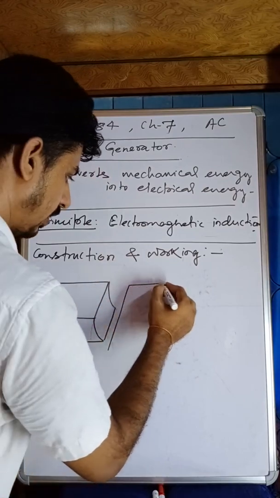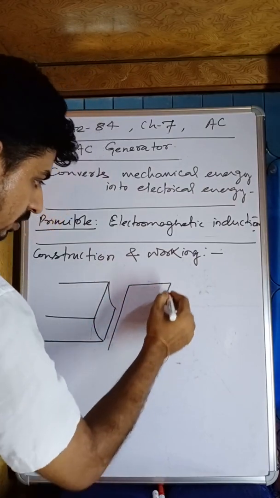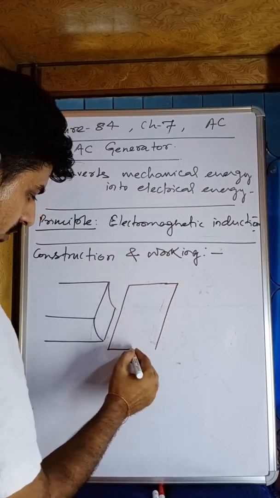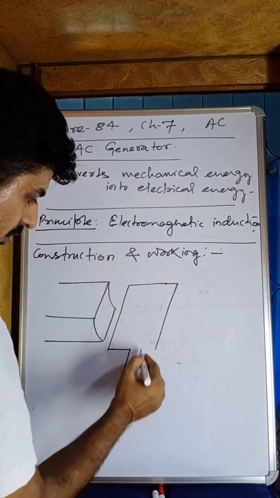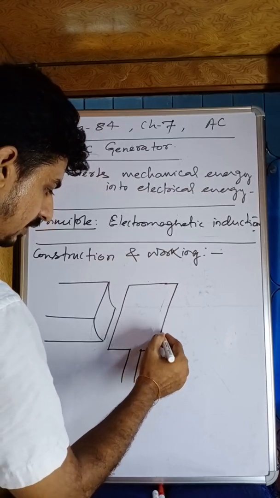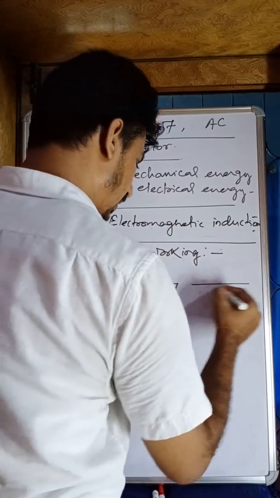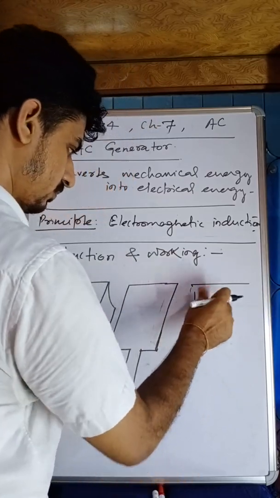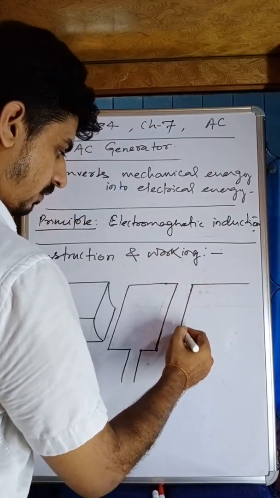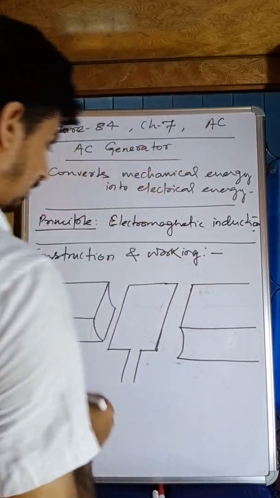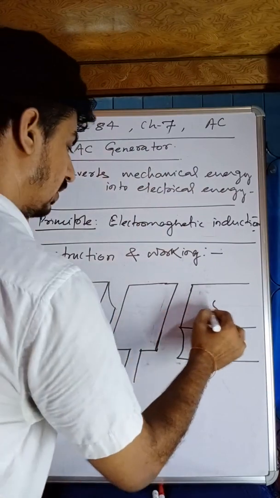This is our armature coil that will rotate. I'm trying to make here the 3D picture so that you will be able to understand all the things clearly. This is the north pole and this is the south pole.